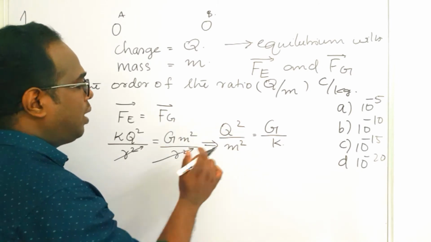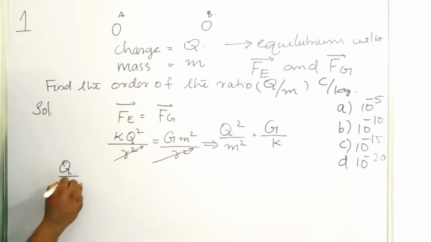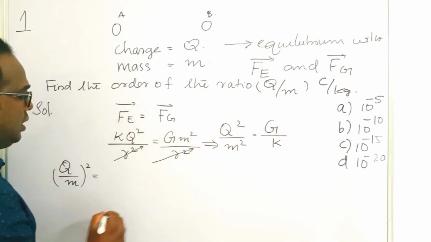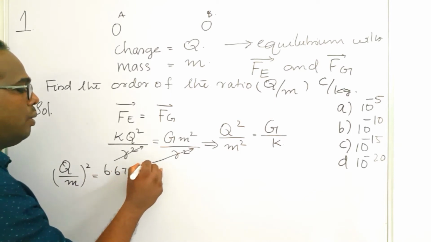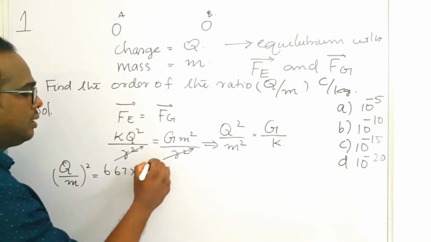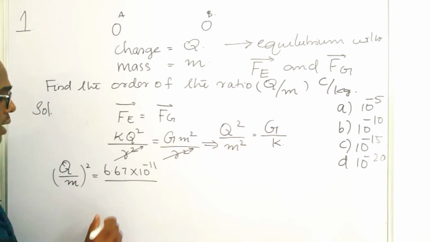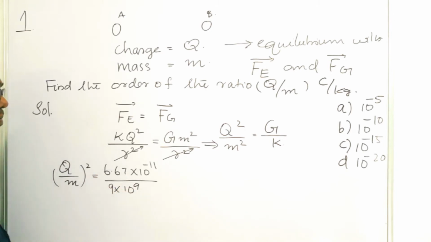So we want Q by M. So Q by M, the whole square, is equal to, what is the value of G? 6.67 into 10 raised to minus 11, right? Divided by, what is K? 9 into 10 raised to 9, right?